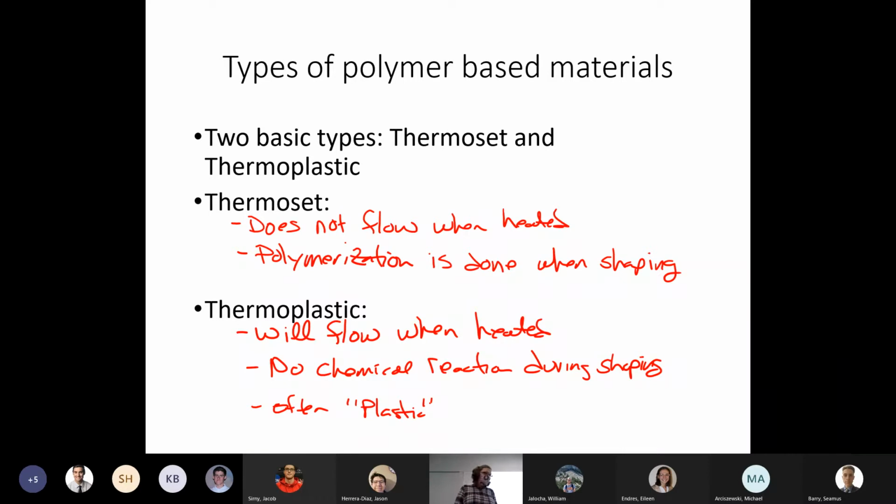Anywhere between 70 and 80% of the polymer-based materials that are processed are thermoplastics. And so let's remind ourselves of the structure of thermoplastics, and what we're actually doing when we process them.